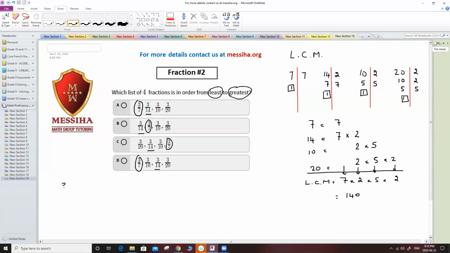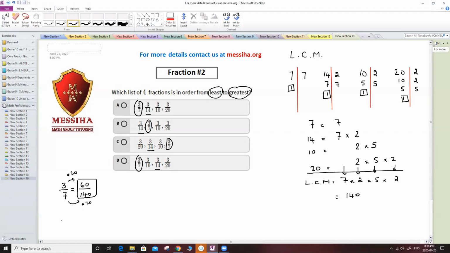I'm going to take the first one, 3 over 7. How to transfer it to something over 140? I need to multiply by 20, because 7 times 20 equals 140. So the same thing, I'm going to multiply this one by 20, it's going to give me 60. So this is the equivalent of 3 over 7.